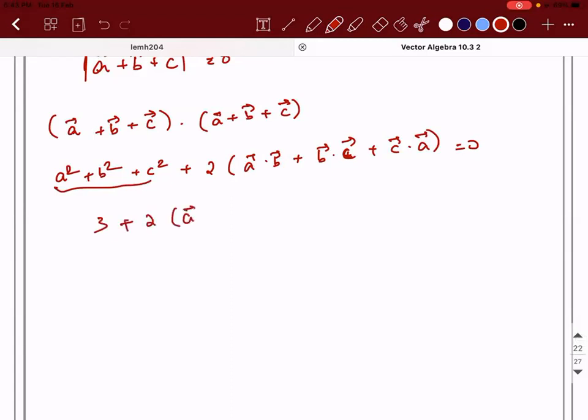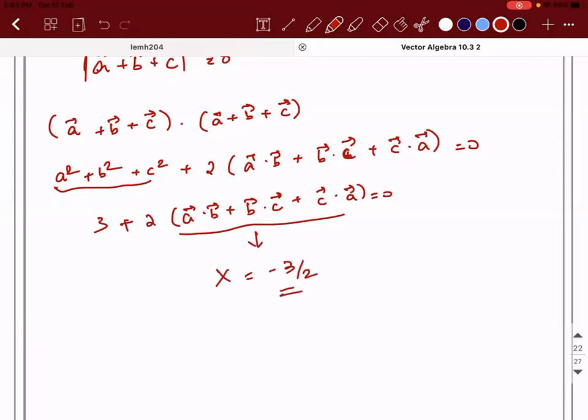So 3 plus 2 times (a dot b plus b dot c plus c dot a) is equal to 0. If I call this x, x is equal to minus 3 by 2. Am I clear? Yes, sir.